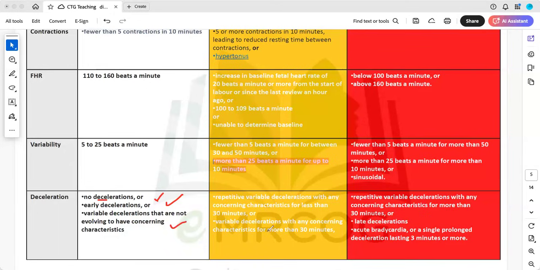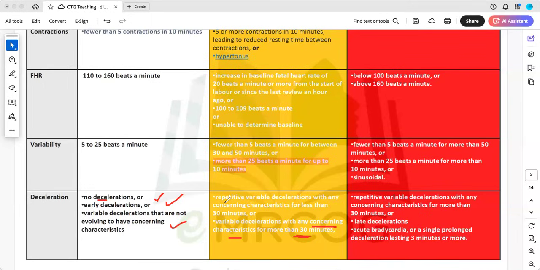Once a concerning characteristic appears, I'm now non-reassured. I'm now amber in the color. Variable deceleration with any concerning characteristic for more than 30 minutes is something amber.